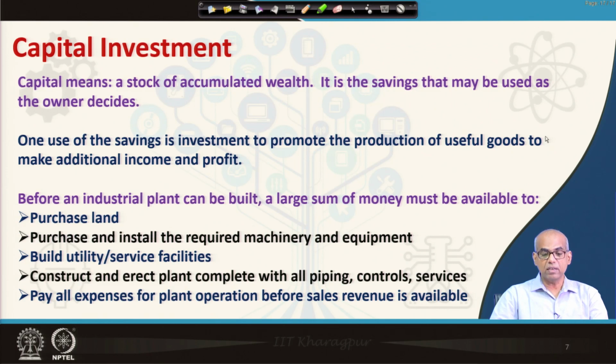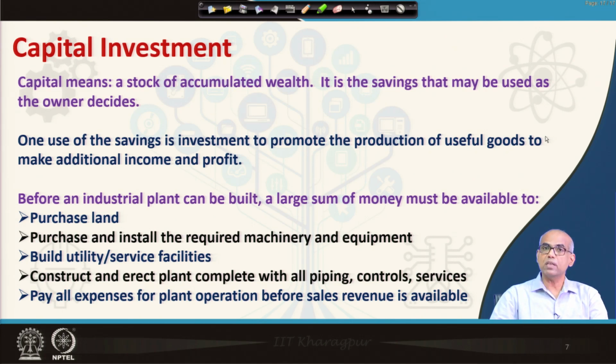So, before an industrial plant can be built, a large sum of money must be available for purchase of land, to purchase and install the required machinery and equipment, to build utility and service facilities, to construct and erect the plant complete with all piping, controls and services, and to pay all expenses for plant operation before sales revenue is available.